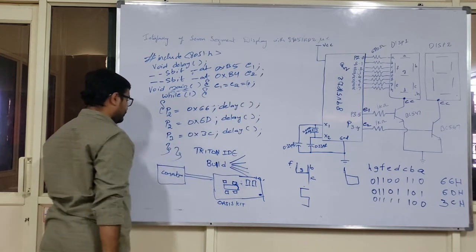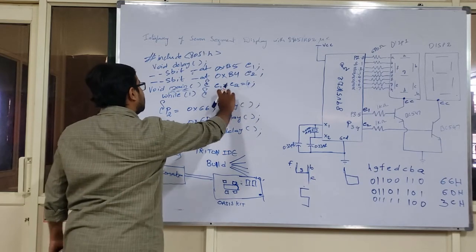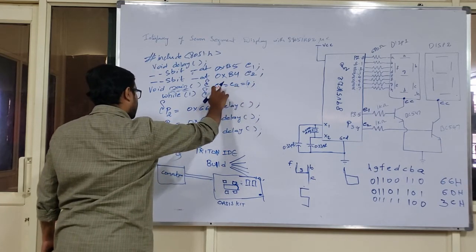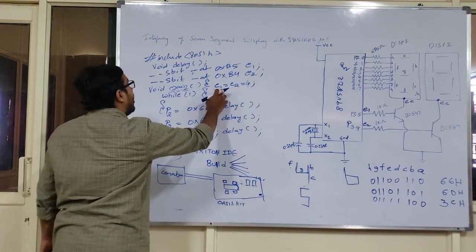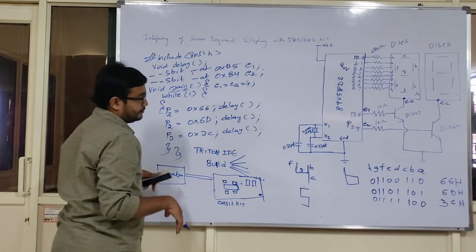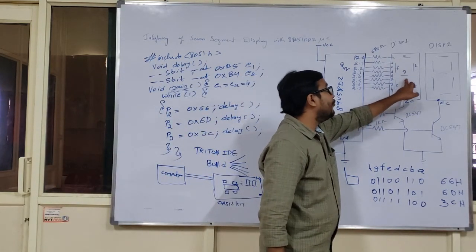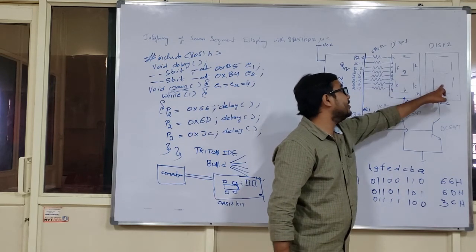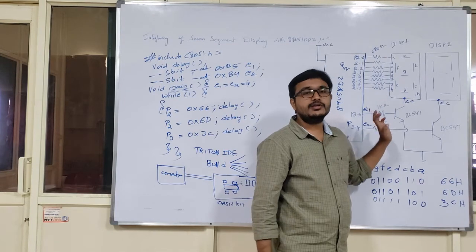This is what I want to keep. After completing this, E1 equal to E2 equal to 1, that means both my 7 segment displays are in active mode. After this, I start the while loop. So at a time I can see 4 4, at a time 5 5, at the same time 6 6. This is the information that I can see.